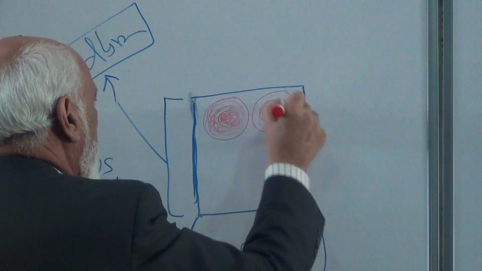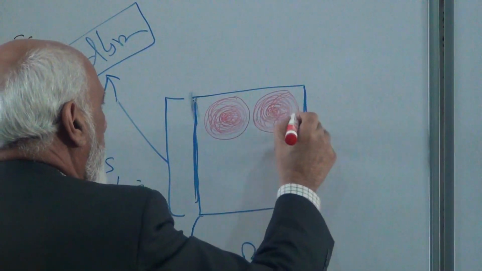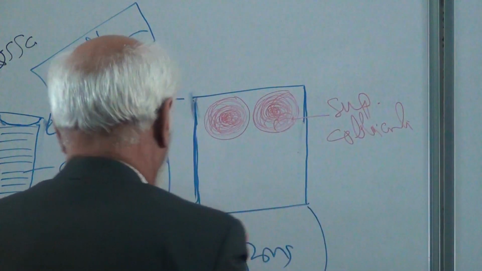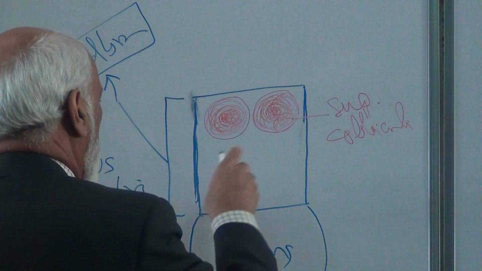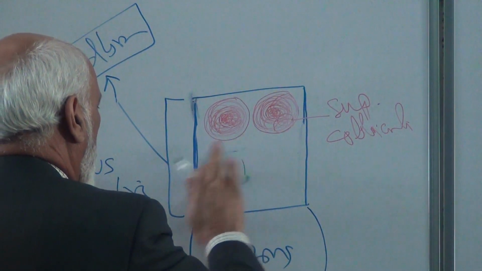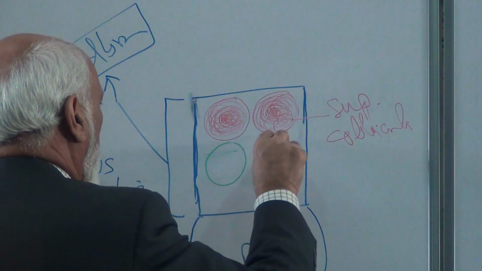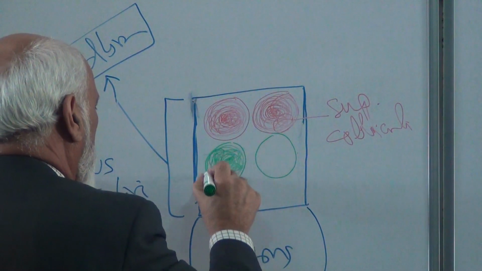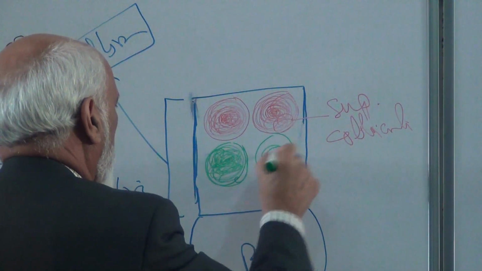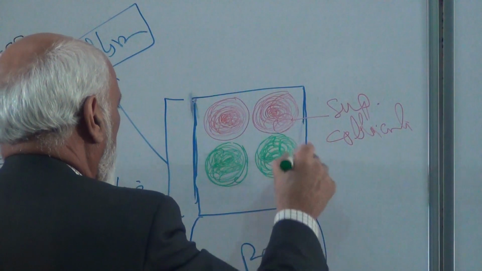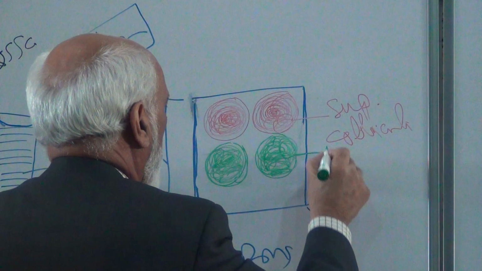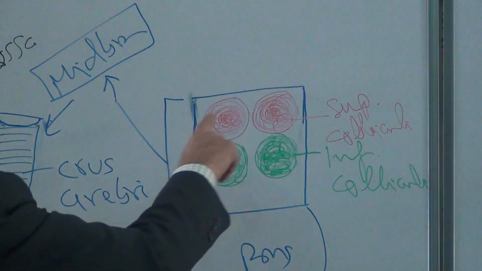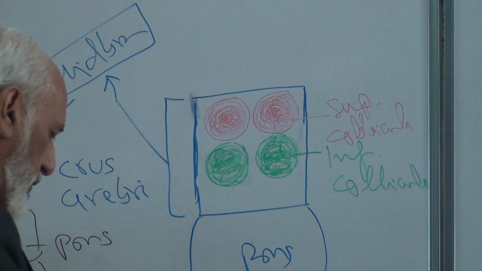This is a pair of superior colliculi. And below that is a pair of inferior colliculi.